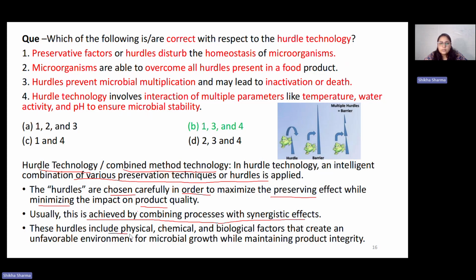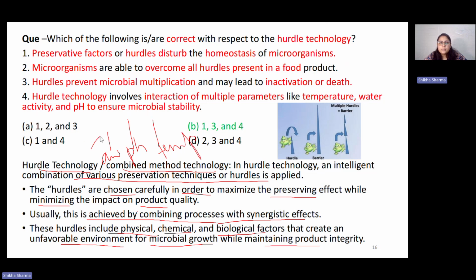These hurdles include physical, chemical, and biological factors that create an unfavorable environment for the microorganism to grow while maintaining the product integrity. So different hurdles will be applied, like water activity, then pH, then temperature. Different hurdles can be applied, right?